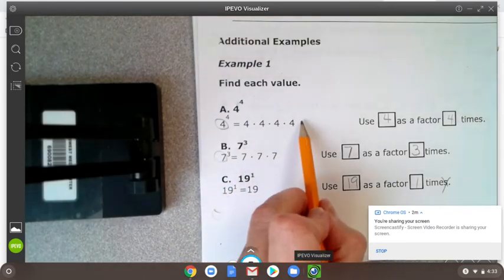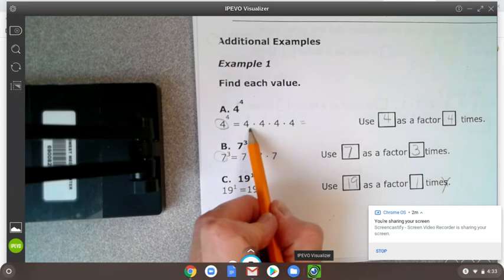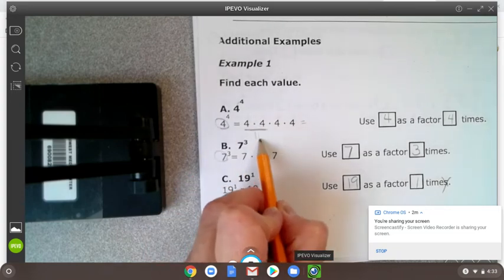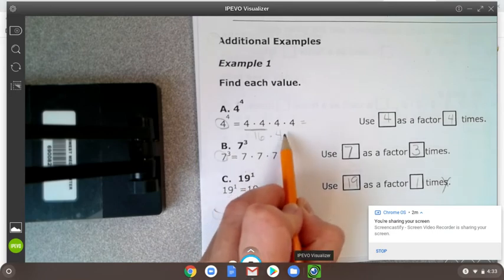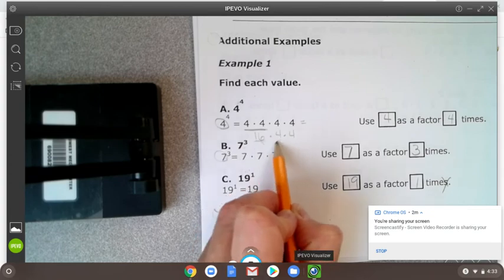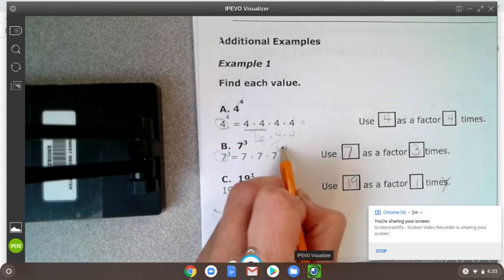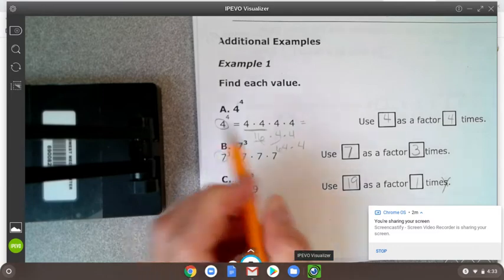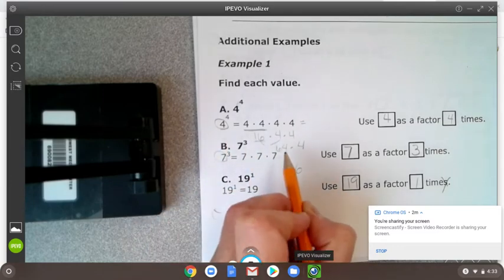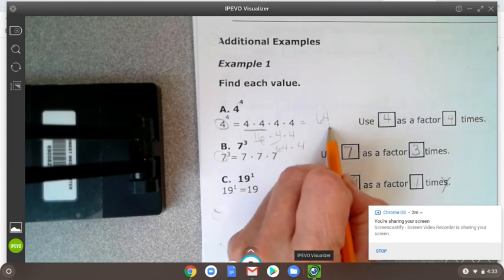Now, what do these equal? To do this, you have to take the first two. 4 times 4 is 16. Then you take that answer, 16 times 4, and you get 64. And then the last one, 64 times 4, would be, I'm going to do it over here just to make sure.